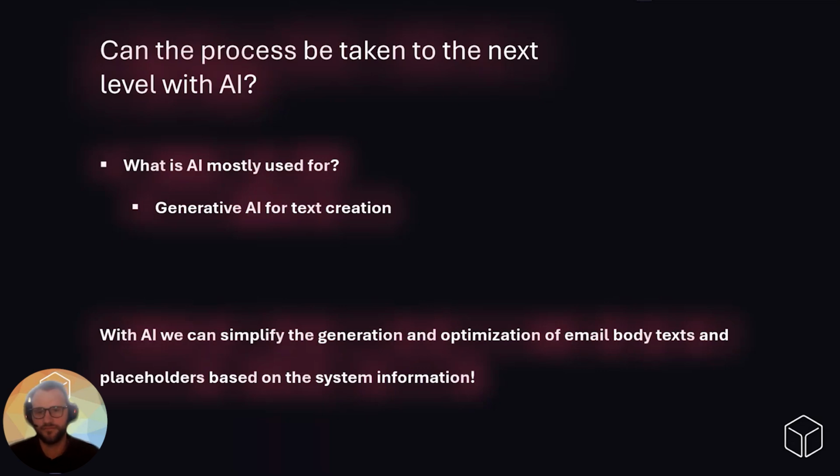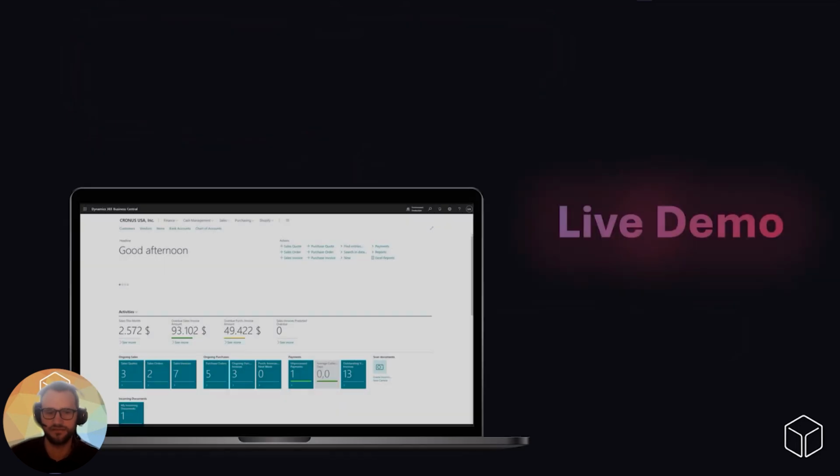And with that, we are even faster when it comes to the generation of templates, for example, or when it comes to translating directly in the interface without having to switch to another interface of my browser to ChatGPT, for example, or any other AI of my choice. And let's now have a look at the capabilities of document dispatch in the BC interface. And for the live demonstration, I would like to give the word to Kerem.